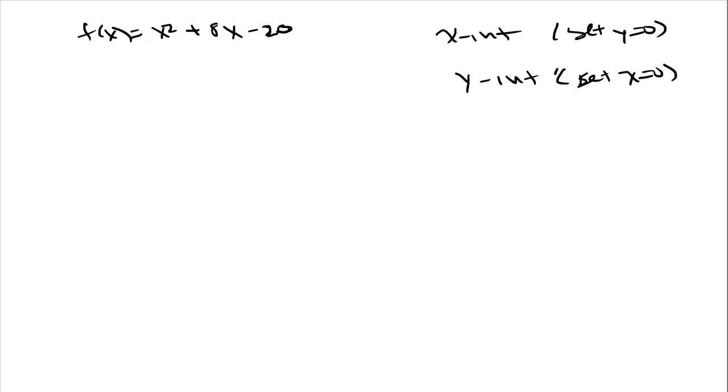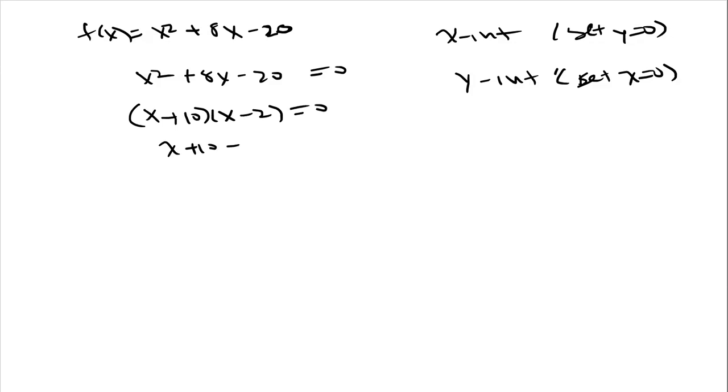So in this case, we have x squared plus 8x minus 20, so we're just going to set that equal to 0 to find the x-intercept. In this case, we're going to factor this, so we get x plus 10 times x minus 2 equals 0. Set them both equal to 0.